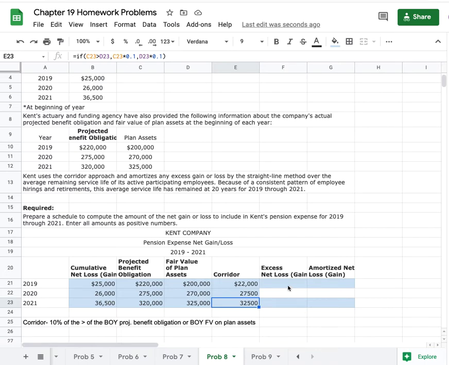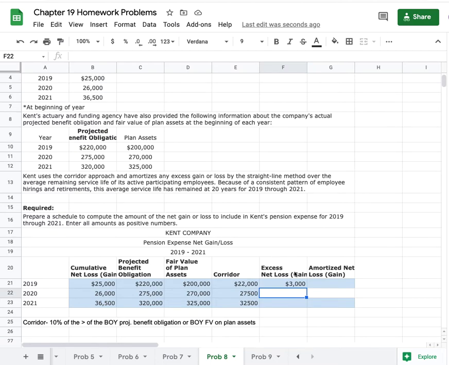So then we have the excess net gain or loss, and so this is the excess above the corridor. So the net gain or loss minus the corridor gives us 3,000. In 2020, it's unnecessary because the gain or loss doesn't exceed the corridor.